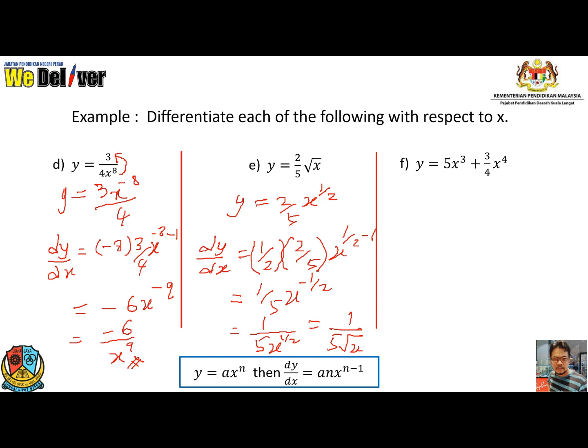Okay, for example F, this one you have two functions, so we find dy dx for y equals 5x cubed plus 3 over 4 x to the power of 4. So differentiate separately.